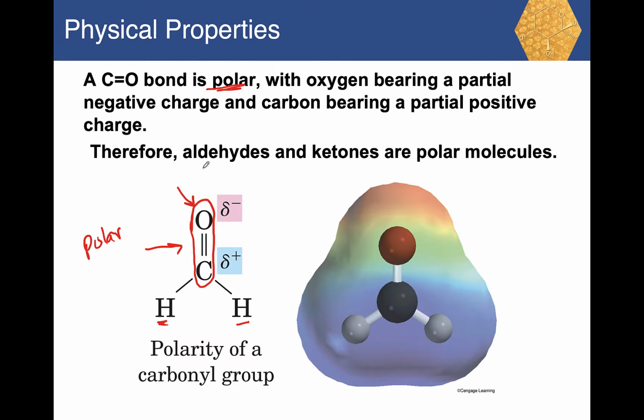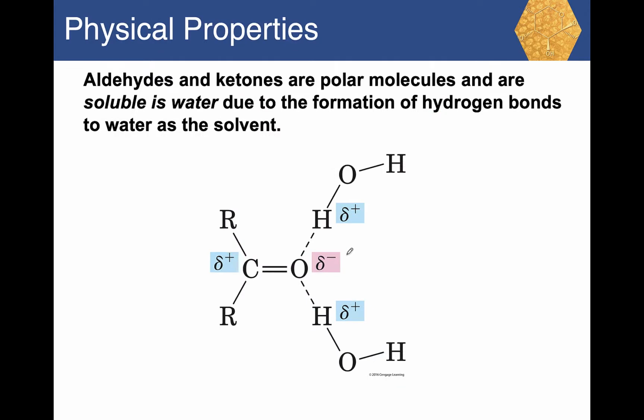So aldehydes and ketones are polar molecules. So what's the consequence of the polarity of aldehydes and ketones? They are soluble in water. So here's water. And of course, as you know, water is a polar molecule. What is a polar molecule?